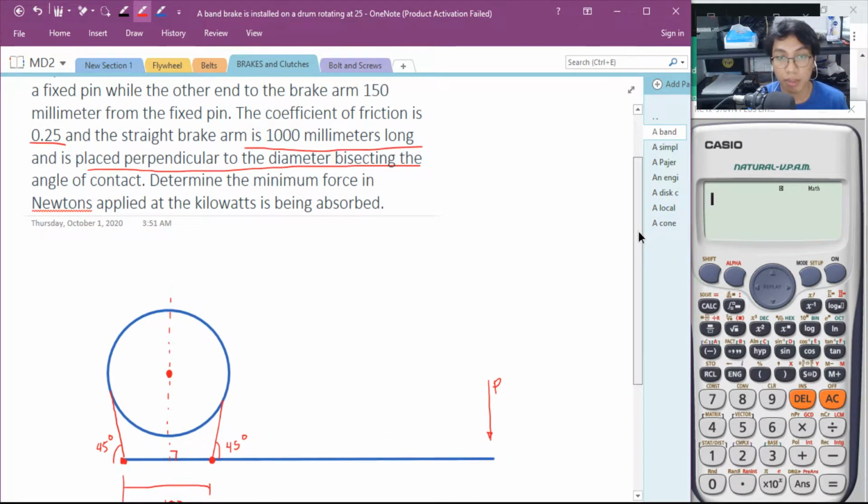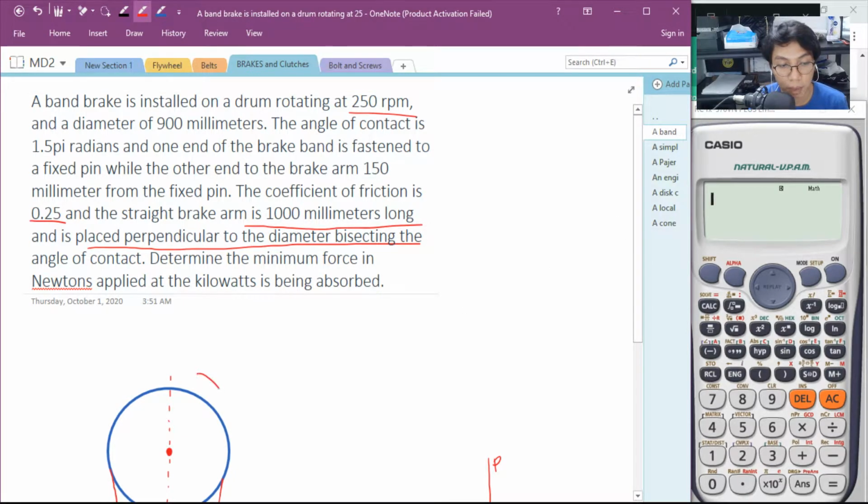Now, your drum has a rotating speed of 250 RPM. And hindi stated sa problem but nakalimutan ko lang, at the kilowatts is being absorbed. Minimum force, nakalagay dyan, 50 kilowatts. So, yung power that is applied here is 50 kilowatts.